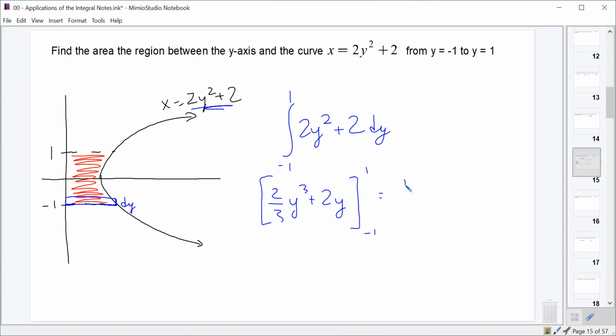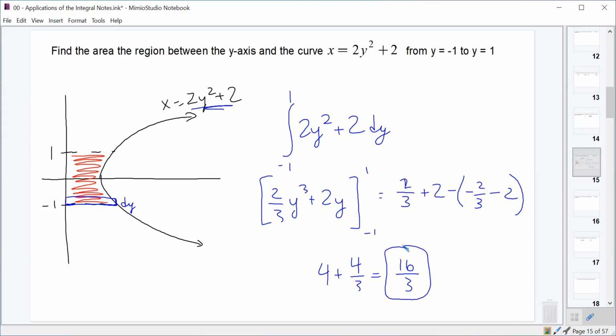When we plug that in, we end up with 2/3 plus 2 minus -2/3 minus 2. That ends up being 4 plus 4/3, which is 16/3.